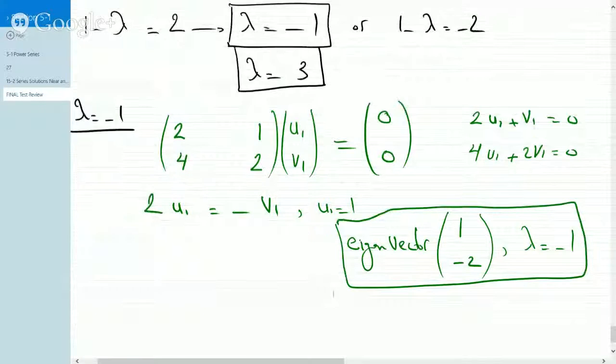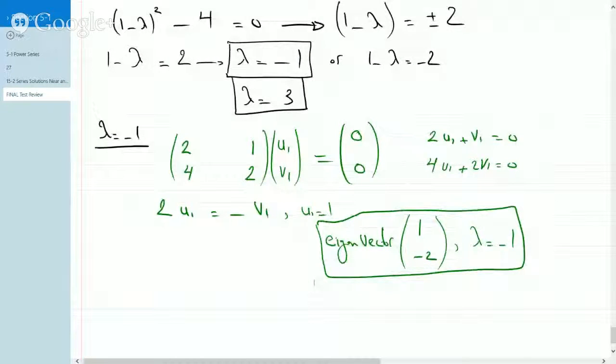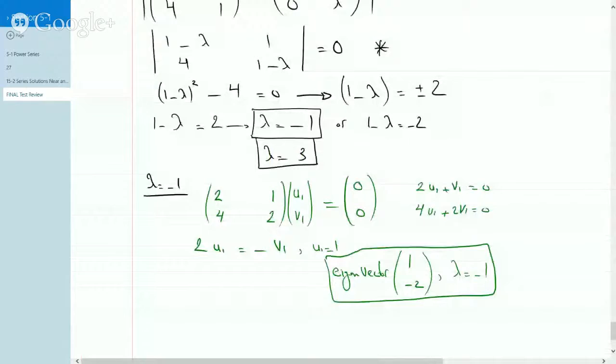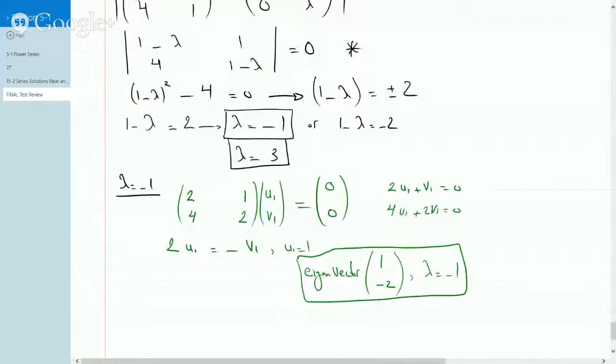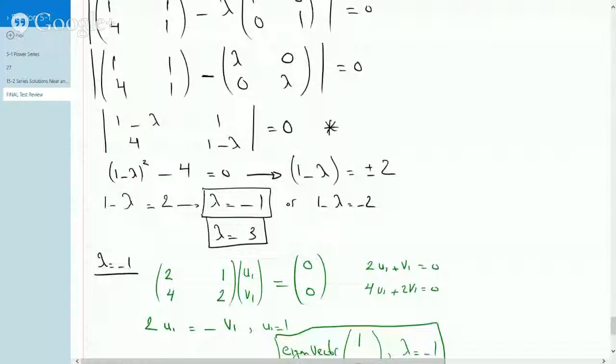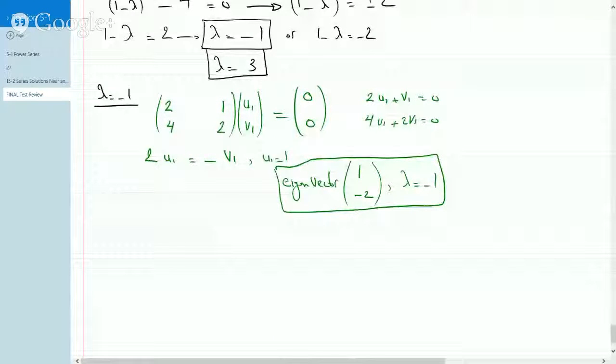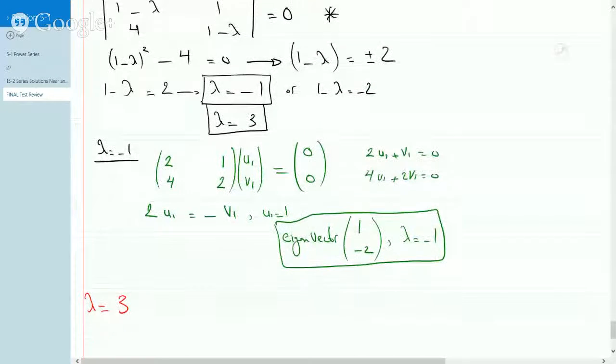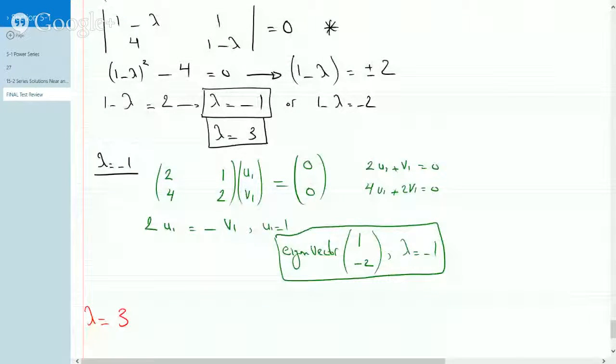Now the second eigenvalue. So now we're going to do lambda equals 3. And we're going to plug it into our matrix star.